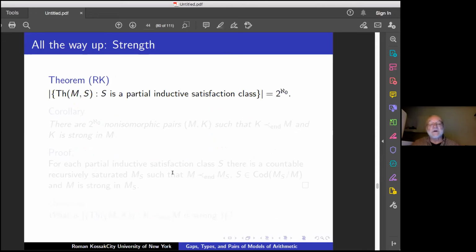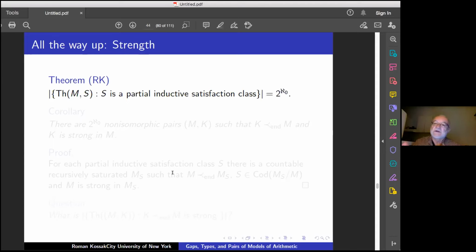Okay, so now I said that we can get this diversity of different cuts either at the low end, so that's below I Sigma 1, or at the high end when you go all the way up to strength, which is the same thing as arithmetic comprehension. Nothing for fragments, and that is because, again, we're using satisfaction classes.